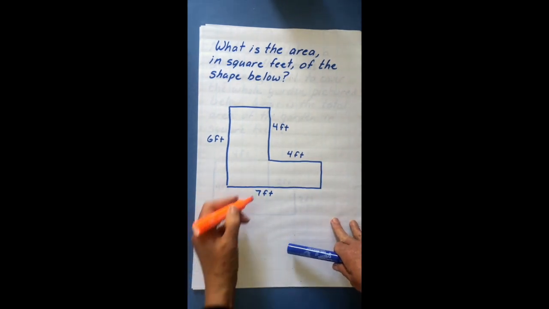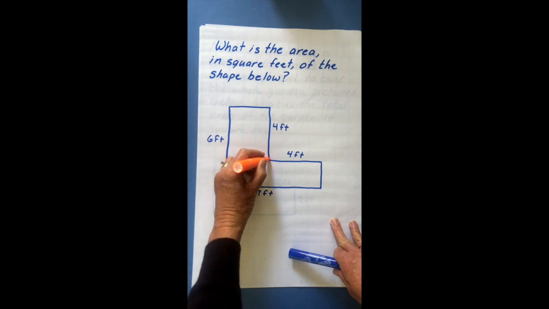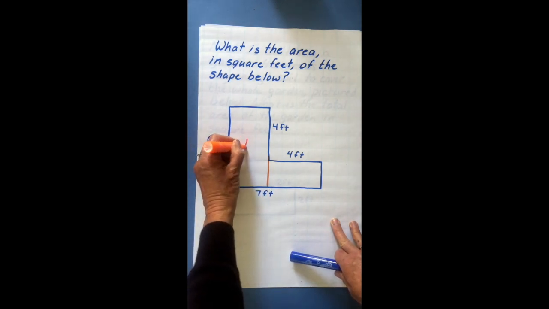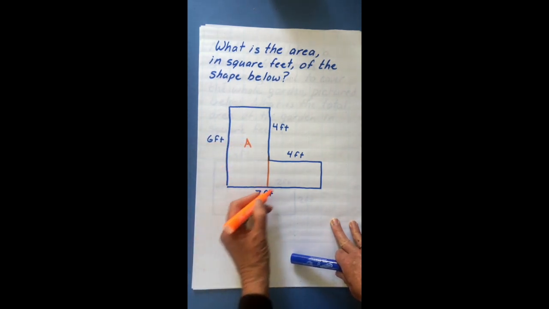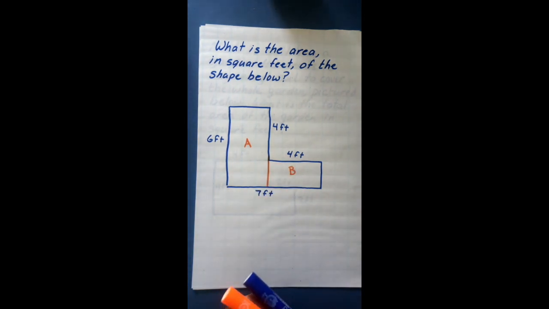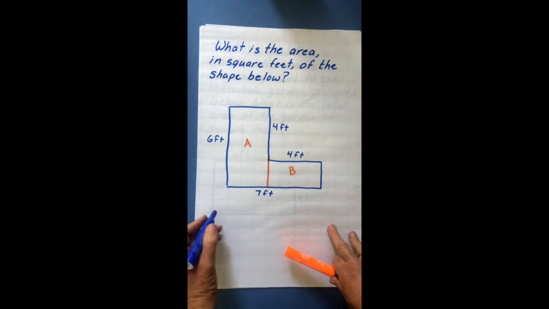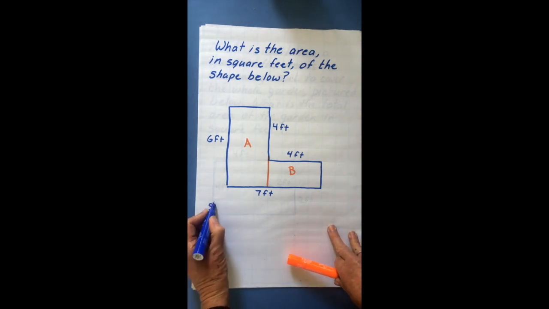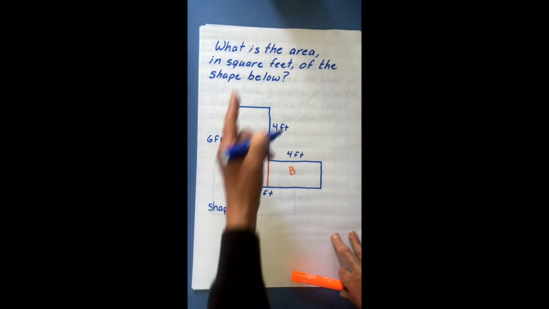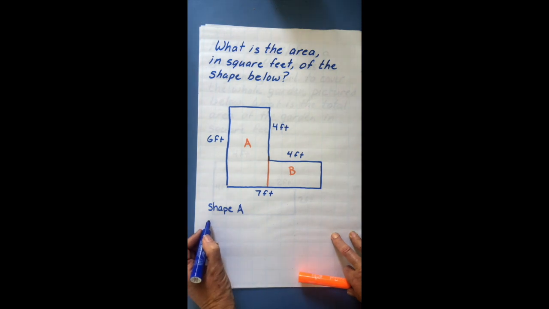So let's do that. So if I did this here, I could just bring this down like this, and this would be shape A, and this would be shape B. Okay. So now for shape A. Now if I'm doing square feet and finding the area, perimeter plus it's the frame of the windows.